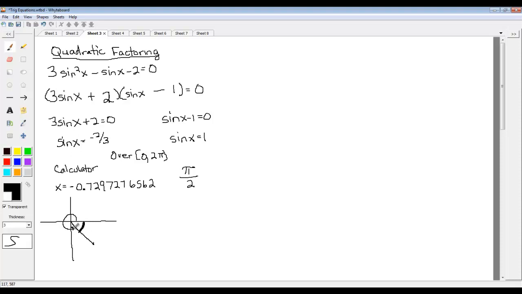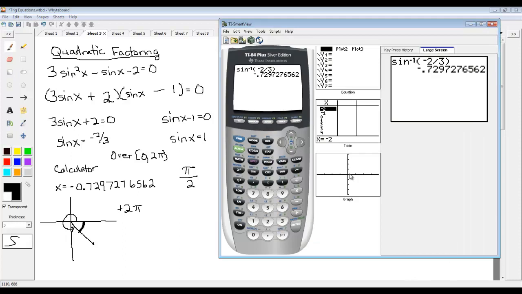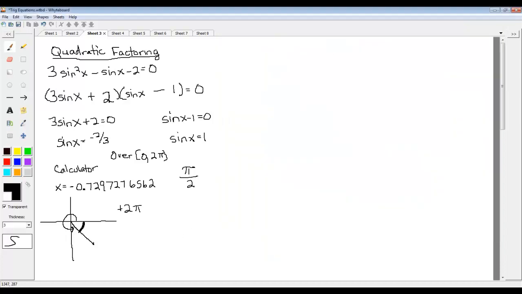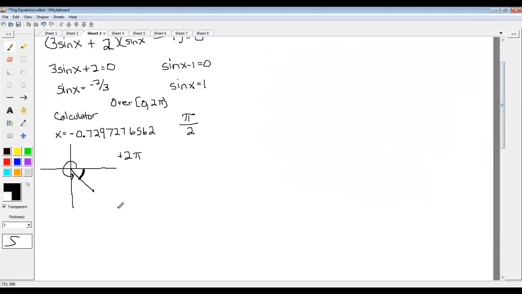Get that version right there. So let's do that. So let's add 2 pi. And we get 5.553457651. So we get around 5.5535.